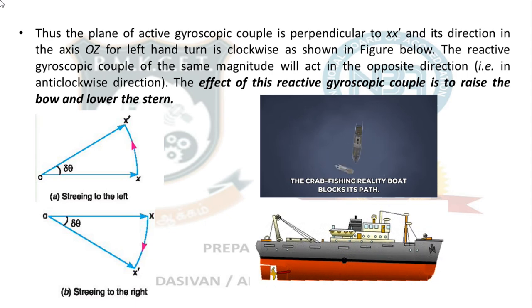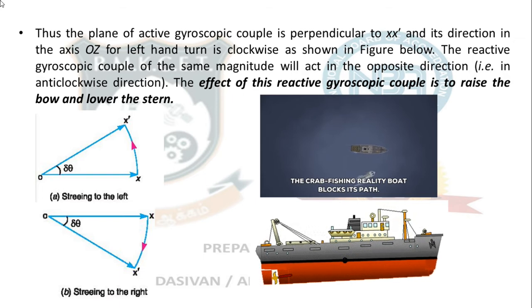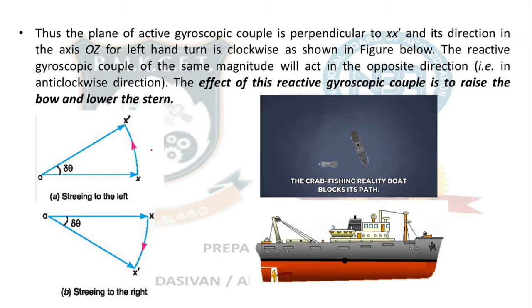The effect of this reactive gyroscopic couple is to raise the bow or lower the stern. In this case you have to remember very carefully: my rotor is going around in clockwise direction as I see it, standing at the back end of the ship and looking at the propeller at the front end, and I am taking a left turn.